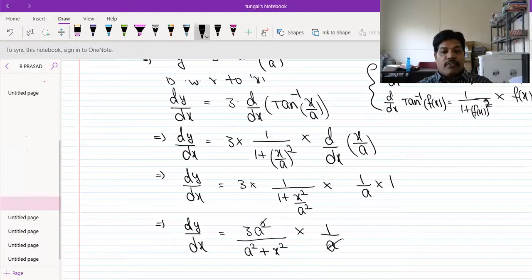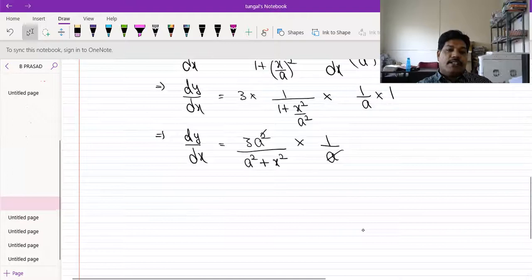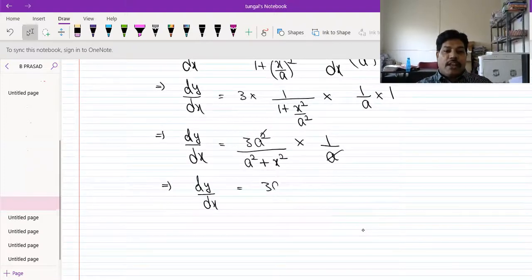This a and the square will be cancelled. So what we will get, students? dy by dx value will become 3a by a square plus x square.